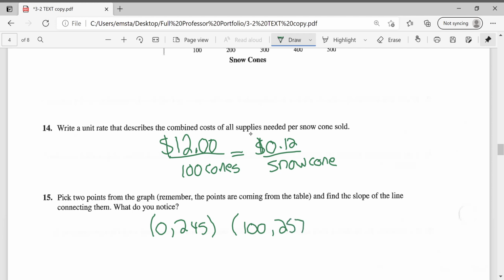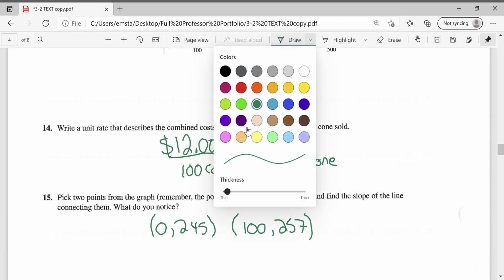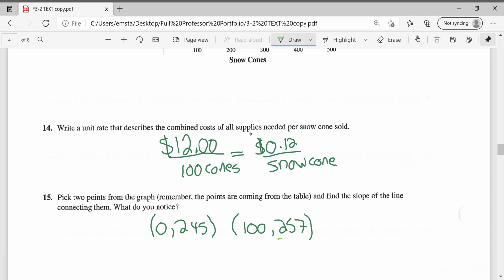Remember, we've talked about how to find slope. To find the slope, I'm going to subtract the y values. So I'm going to take 257 minus 245. That's going to give me 12.